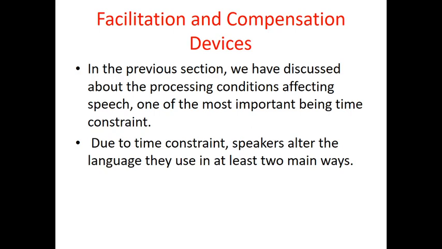So we go into the topic facilitation and compensation devices in speech. In the previous section, we have discussed the processing conditions affecting speech, one of the most important being time constraint. Due to time constraint, speakers alter the language they use in at least two main ways.